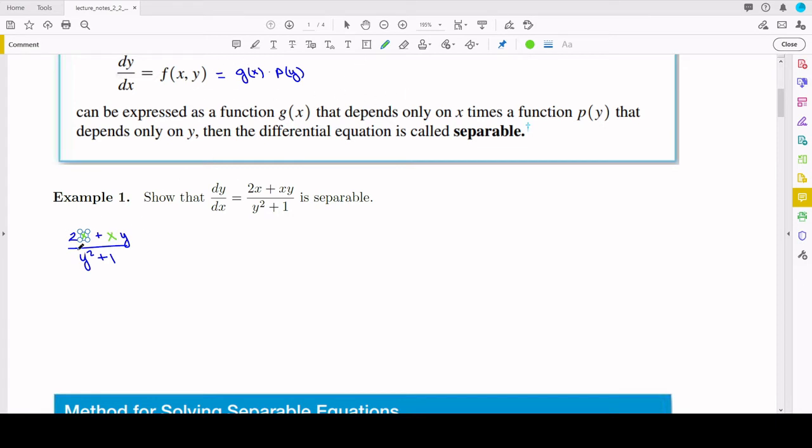If you look at the numerator, you see that both terms have a factor of x. And so that is a factor that I can factor out. And so I have x times, and then what I'm left with here is 2 plus y, and then all of this is over y squared plus 1.